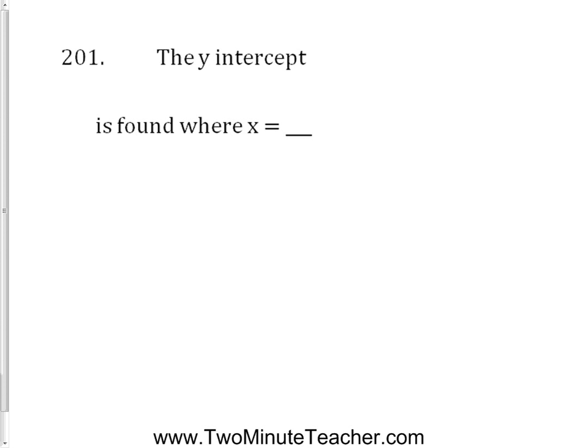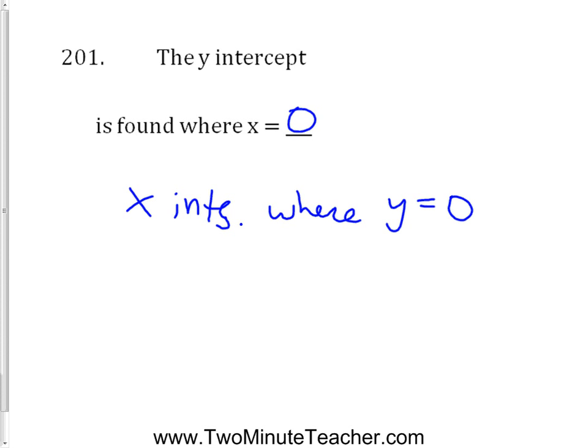All right, problem 201. The y-intercept is found where x equals 0. And if you can just try to remember this, the x-intercepts are found where y is equal to 0. So it's kind of a logical corollary that if the y-intercept is where x is 0, the x-intercept is where y is 0.